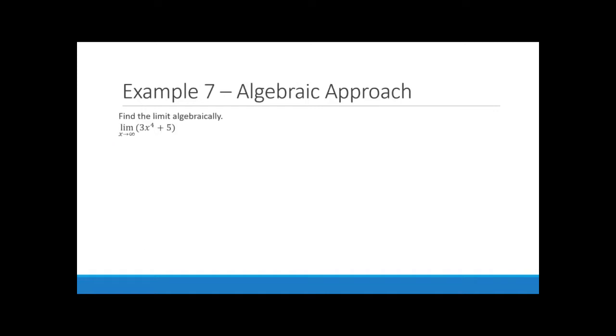Okay, now I've got 2 that I'm going to do algebraically, because these are the only 2 types that we can: if we have a polynomial, and if we have a rational function. They'll say find the limit algebraically, or analytically.